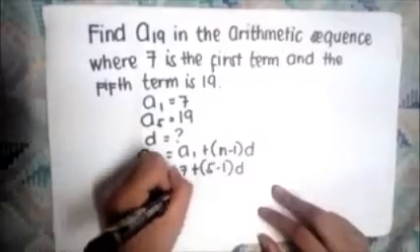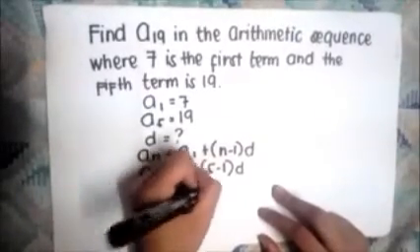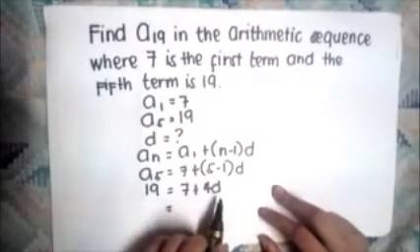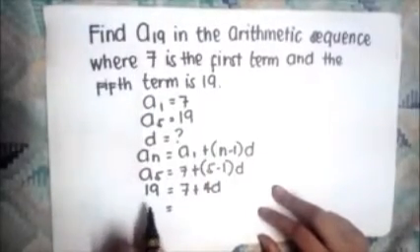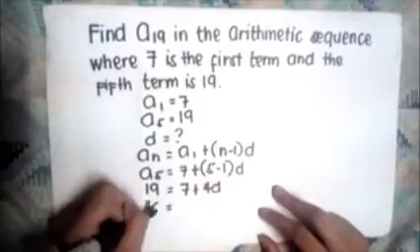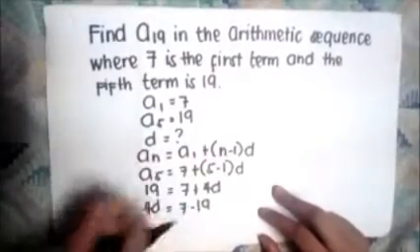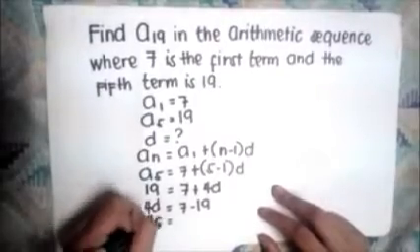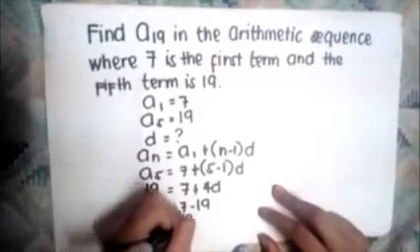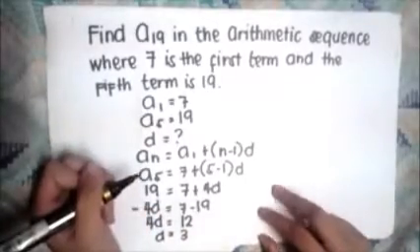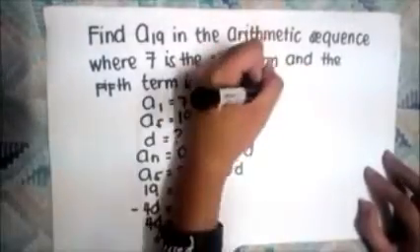19 is equal to 7 plus 4d. So we have to transpose 4d to the left side, while 19 to the right side. So we have 4d is equal to 12, wherein the common difference is 3. Now let's find a sub 19.